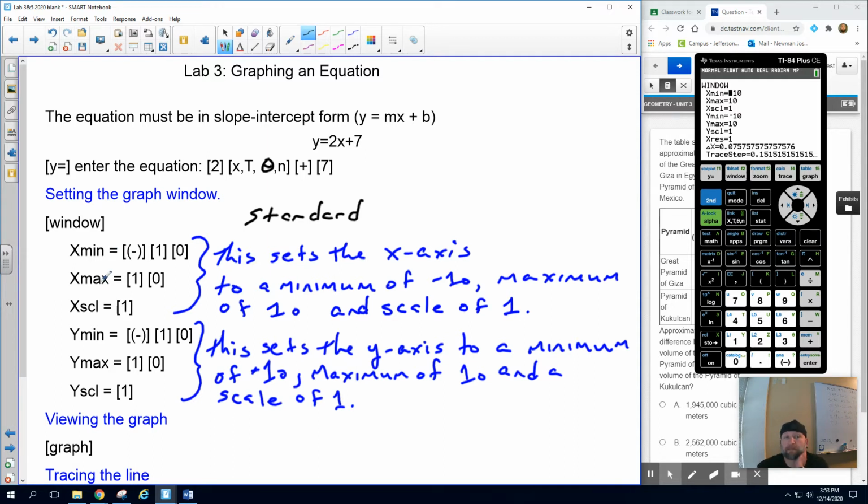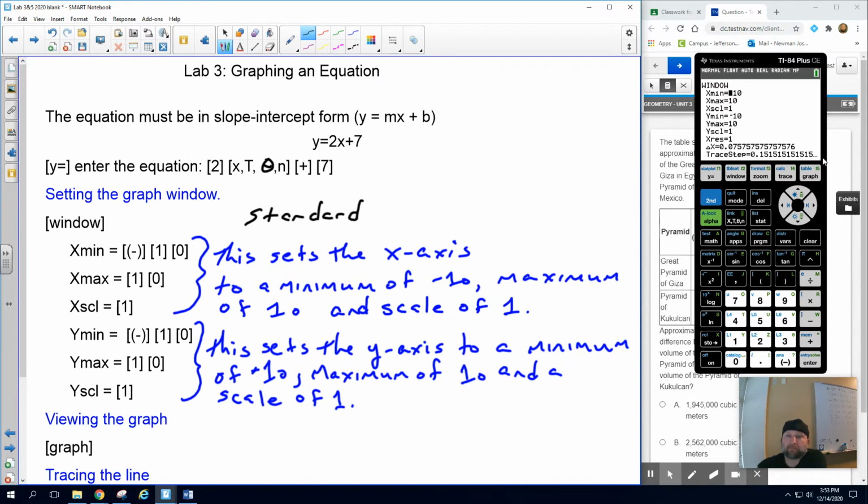The x min and max value is the domain, so it sets the x-axis to a minimum of -10 and a maximum of 10. The scl is the scale, so this has a scale of 1. Your y min is -10, y max is 10, so that sets the y-axis from -10 to 10 and has a scale of 1.